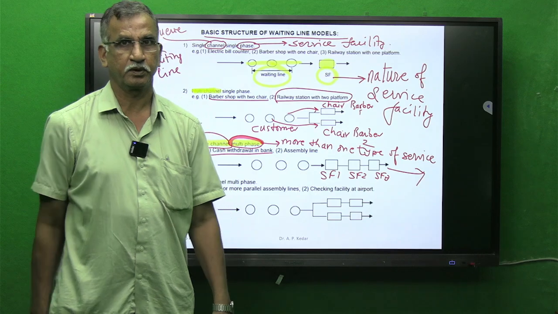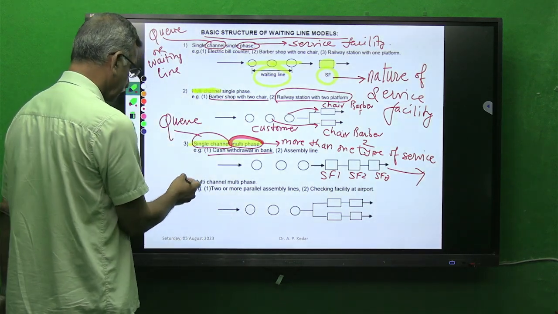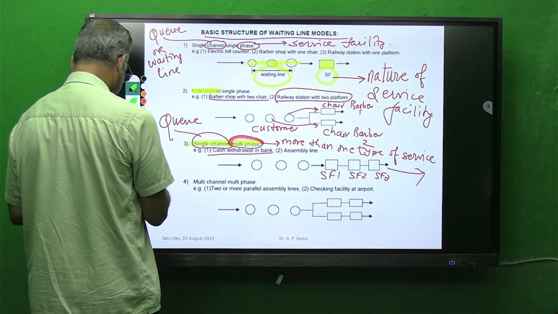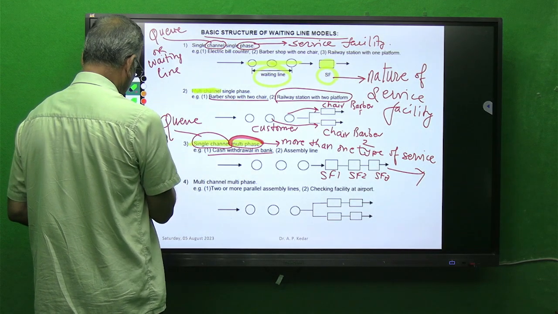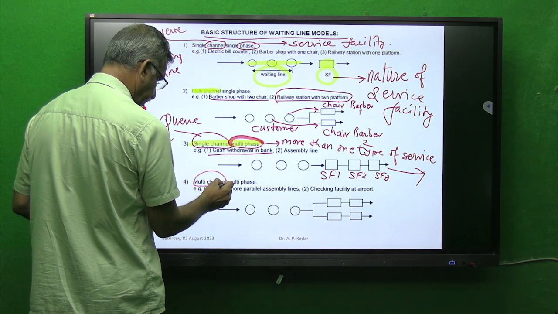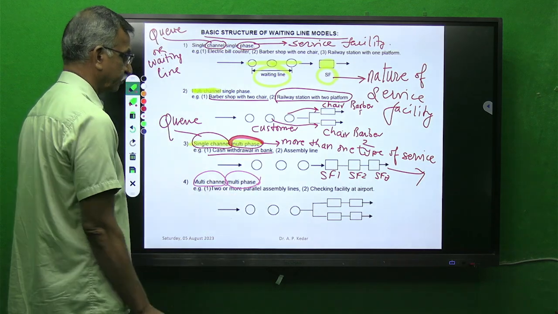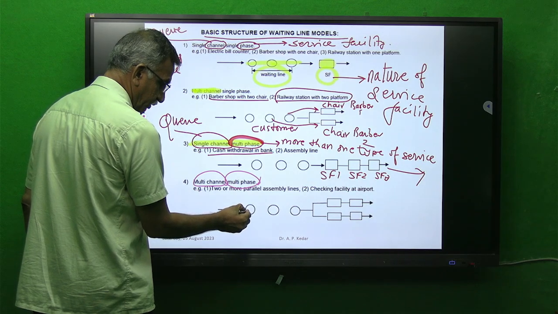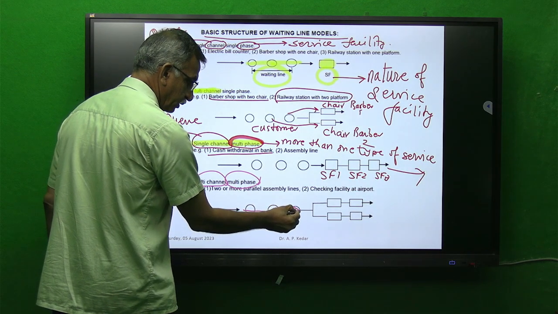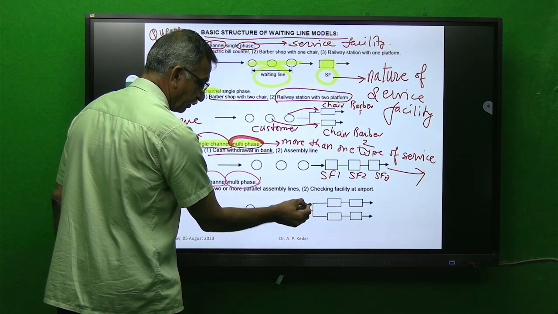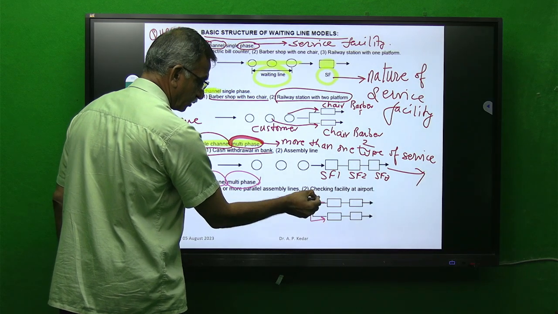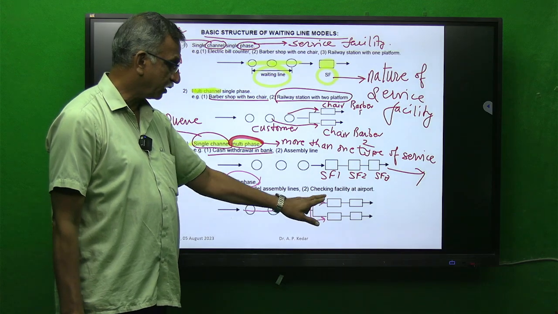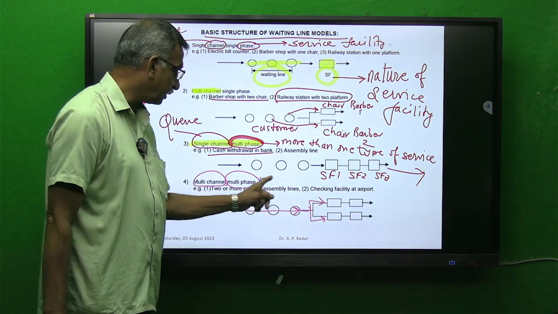Other example I have given. Third category is multi-channel, multi-phase. Very important. First a single line, single channel, but then divided into two. Since it is divided into two, it is called multi-channel and multi-phase.